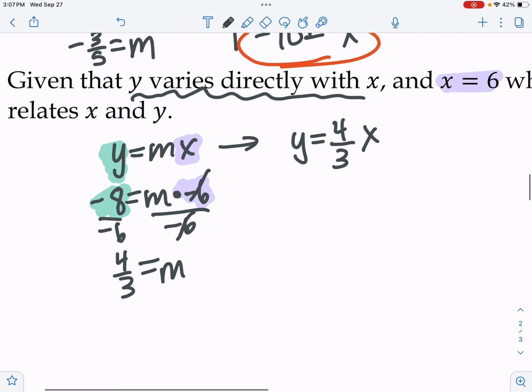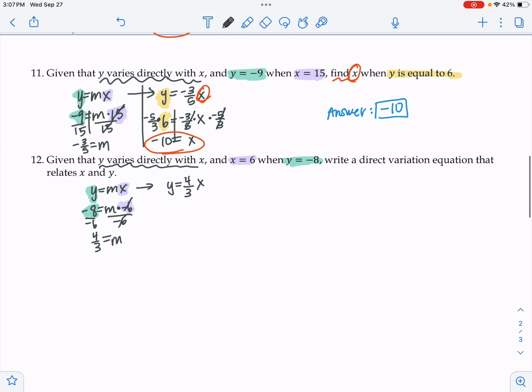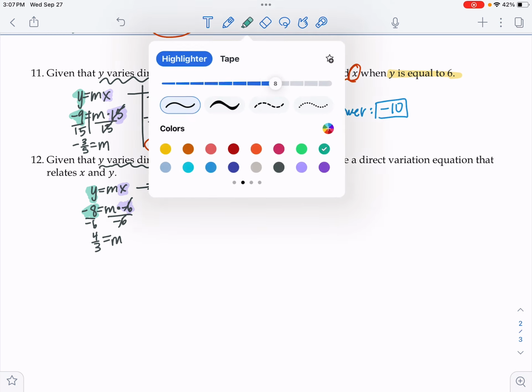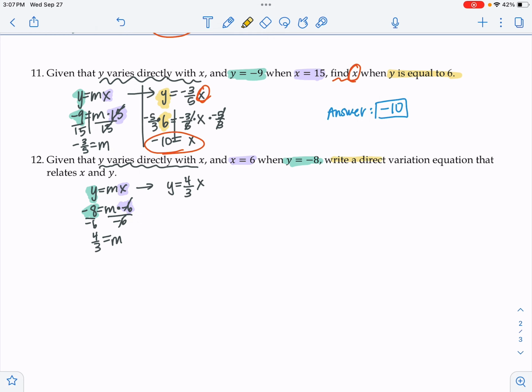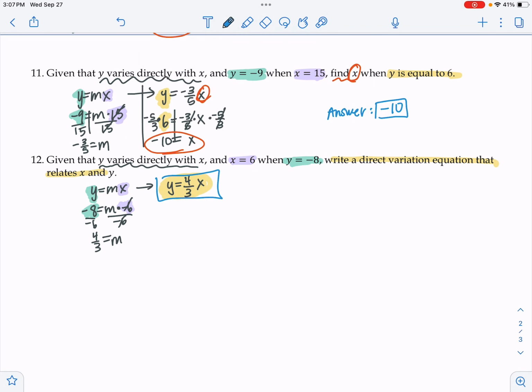Okay, and so then the question says, write a direct variation equation that relates x and y. This is it, we're done. They just wanted us to write the equation. And sometimes STAR will just ask for the equation, and so then you're done after step 1. That's what your answer would be.